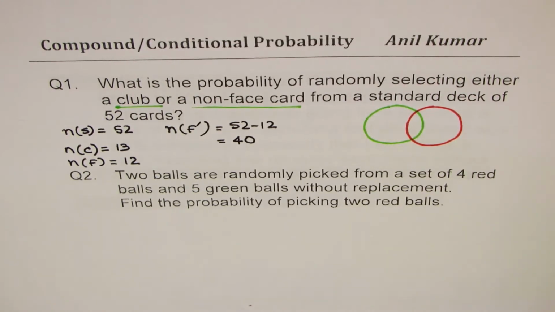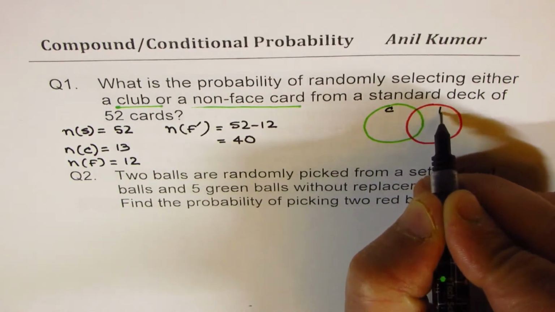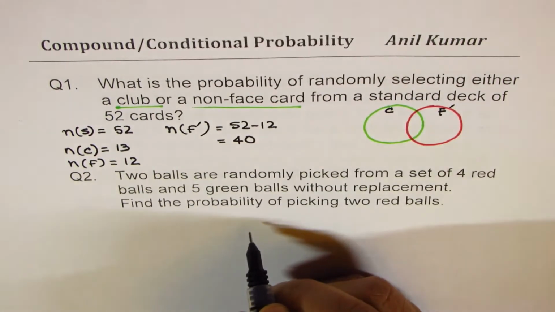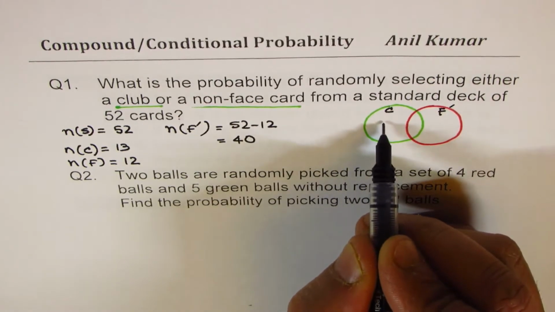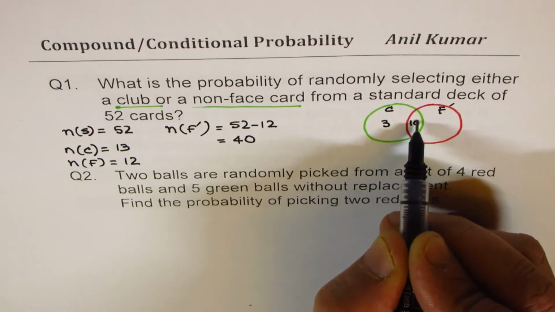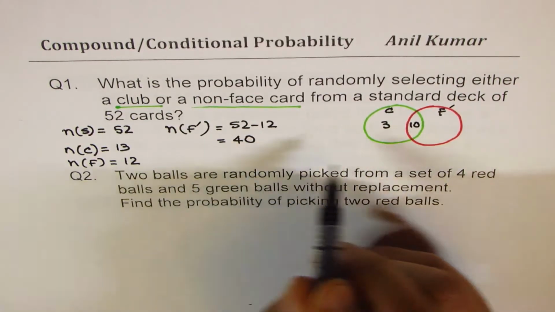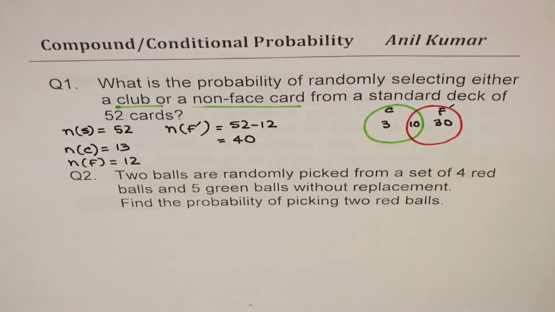If this is event C and that is non-face card, we have Jack, King, Queen of clubs, and then we have ace to 10 here. Out of those 40, 10 are common, 30 remain there, right?